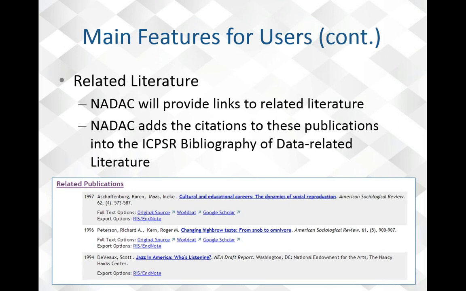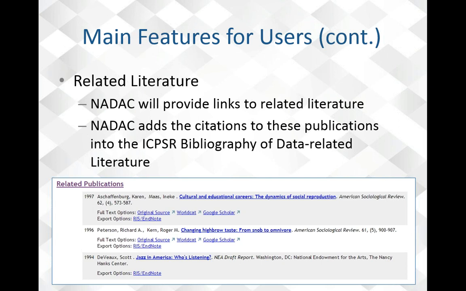Next, NADAC will provide links to related literature. Many data sets in the arts and culture field have been used in published studies. Whenever applicable, NADAC adds a citation to these publications into the ICPSR bibliography of data-related literature once we become aware of them.